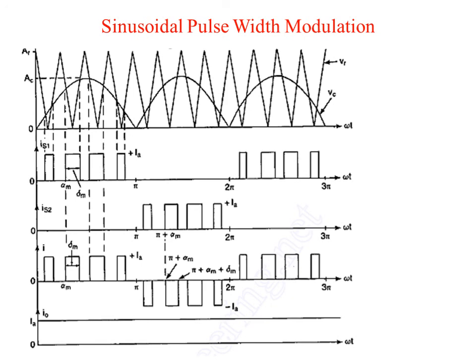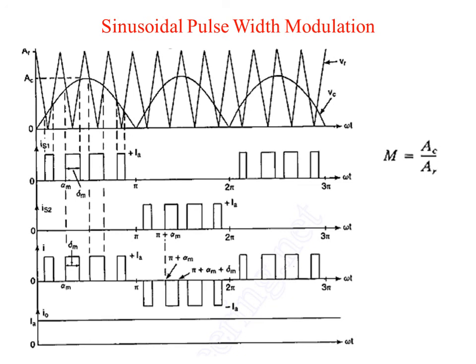The sinusoidal voltage VC is in phase with the input phase voltage and has twice the supply frequency Fs. The widths of the pulses are varied by changing the amplitude AC or the modulation index M, where modulation index is defined as M = AC divided by AR.